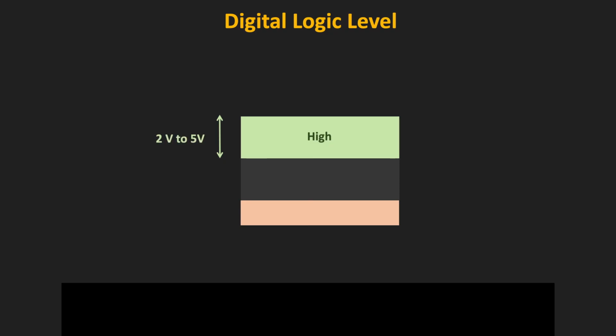For example, if the voltage level of the signal is within the 2 volt to 5 volt range, then it can be considered as logic 1. Similarly, if the signal level is within 0 volt to 0.8 volt, then it can be considered as logic 0. That means as long as the signal level is in a certain band, it can be identified as either logic 0 or logic 1.